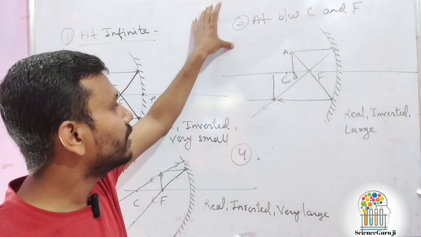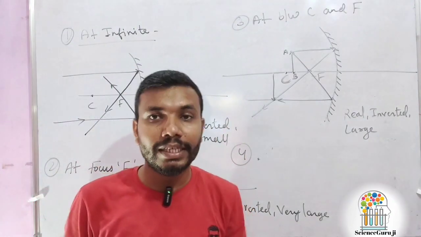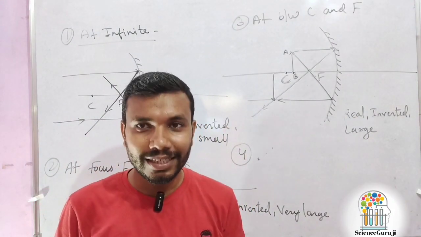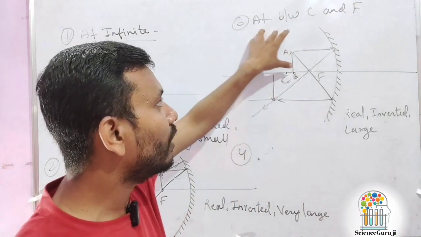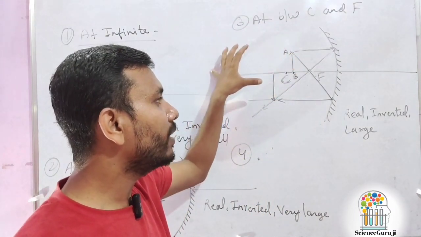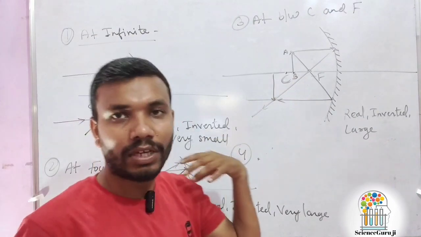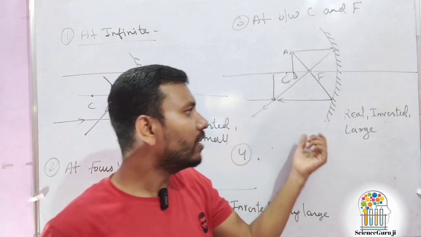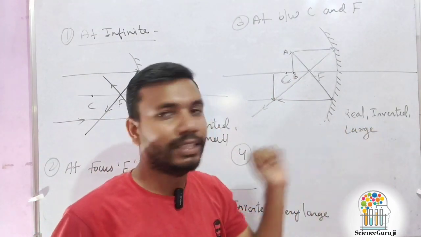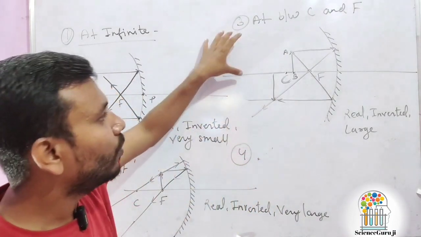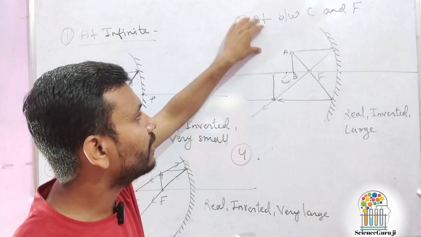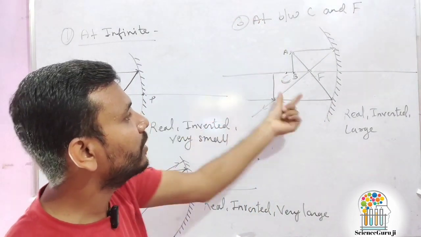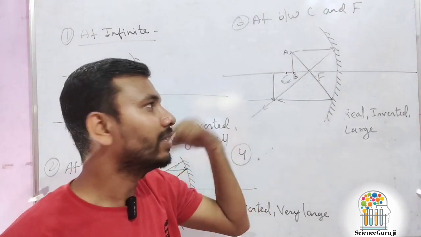Next, the third point is, if the object is placed between the center of curvature and the focal length, then the image forming here is behind the center of curvature, and the nature of the image is real, inverted, and large. How is it? Suppose A and B is the object placed in between the center of curvature and the focal length.